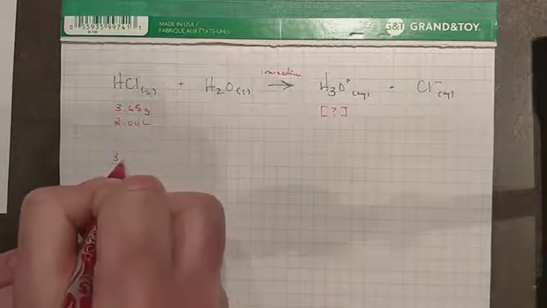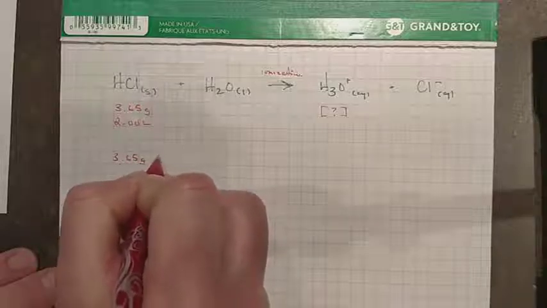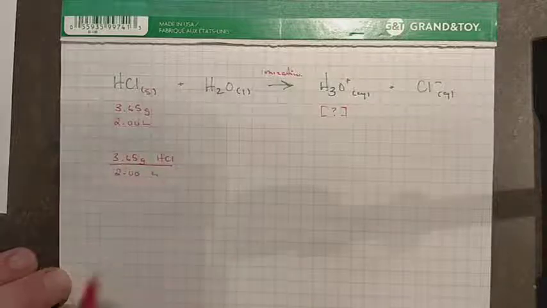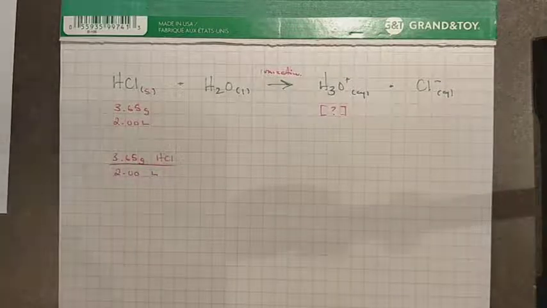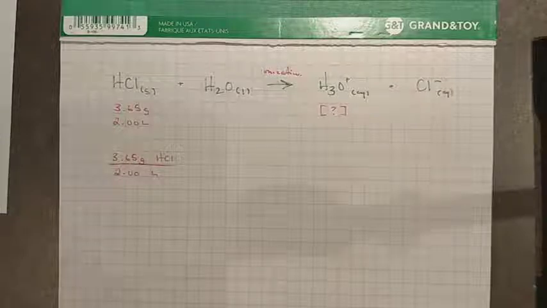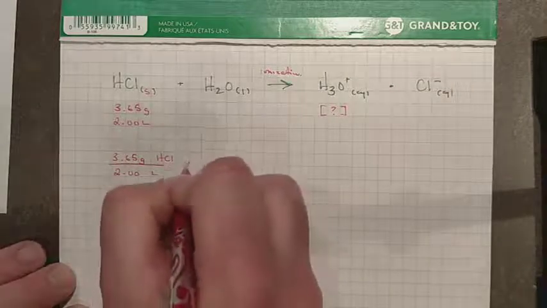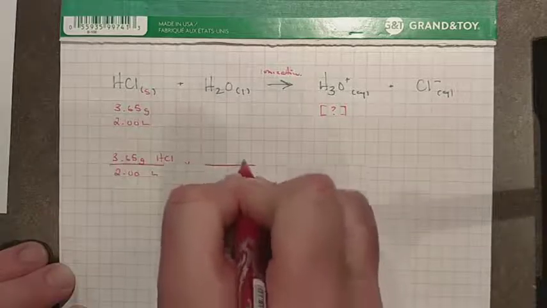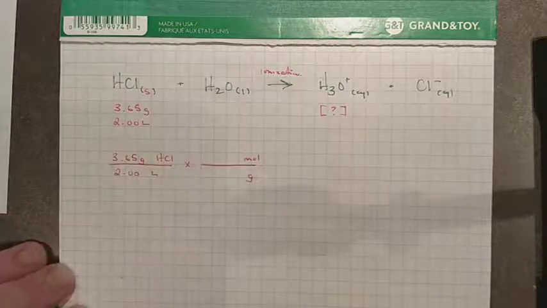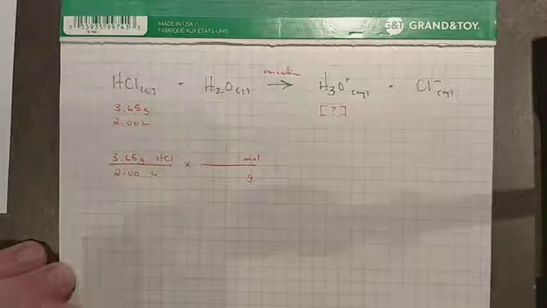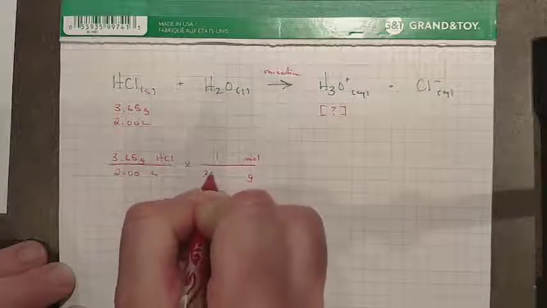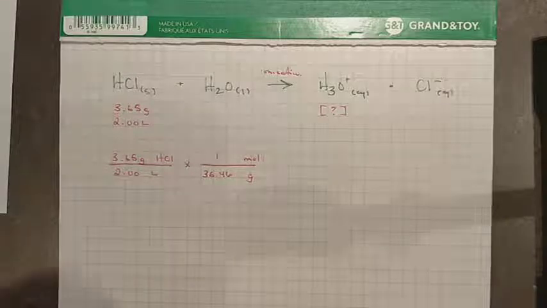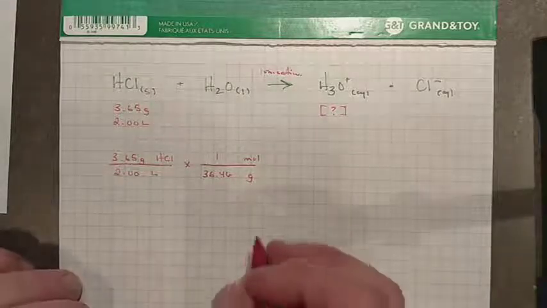If I have 3.65 grams of HCl, I have dissolved this in 2 liters of water. Well, I have a concentration in grams per liter, but I need moles per liter before I can do my stoichiometry. So, if we take a look at the units that we have, grams can be canceled out with the molar mass value for HCl, and so for every 1 mole, this should be 36.46 grams: 35.45 from Cl, and 1.01 from the hydrogen.